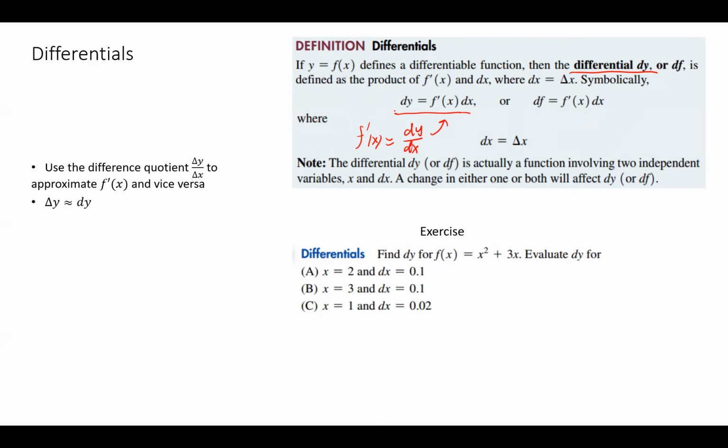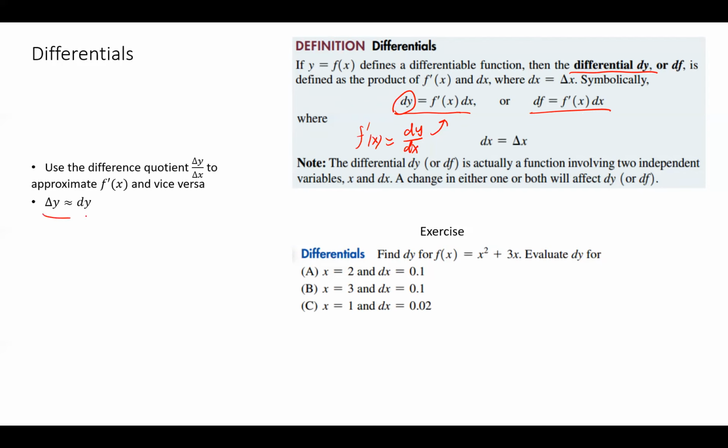So dy stands for the change in y using the derivative, or using the tangent line, to approximate the change in y. We'll talk more about the approximation later. So this is how we can express the differential in y.